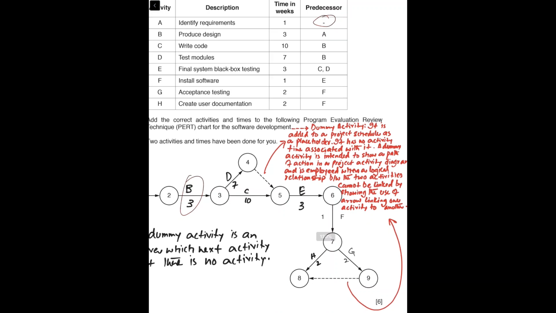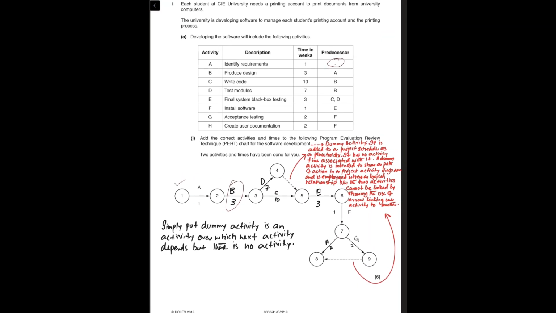That is why they are connecting G with H, because we cannot leave the 8th and 9th nodes as dangling nodes. So that is how we will complete the PERT chart.